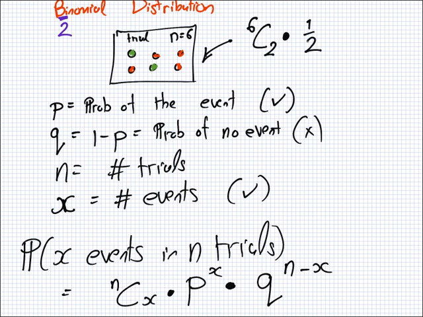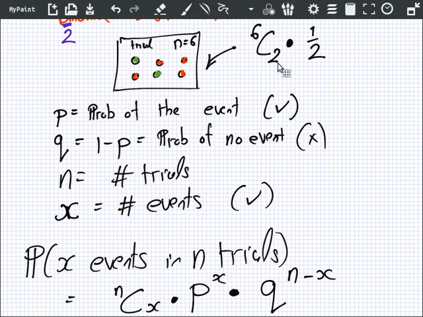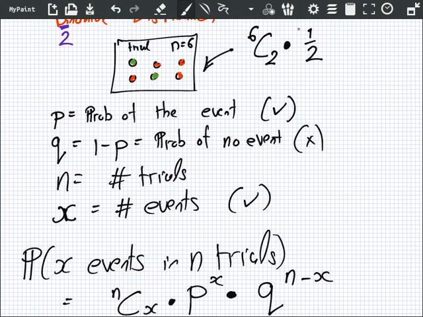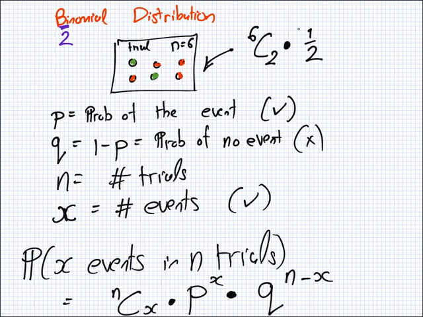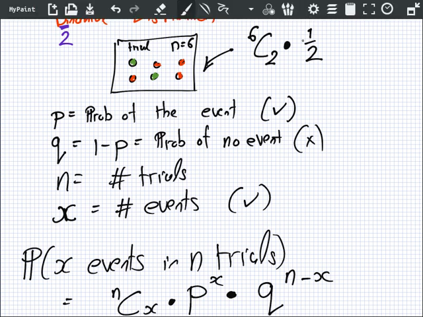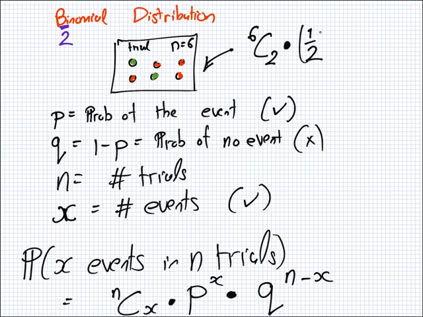Flip a coin. Oh, okay, 1 over 2. P is for one single event in question. Okay, what power? X, and what's X here? 2. And then Q? Half as well. And what power? 4.